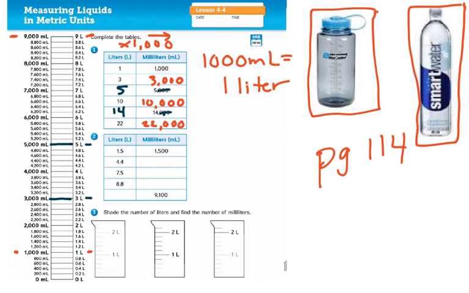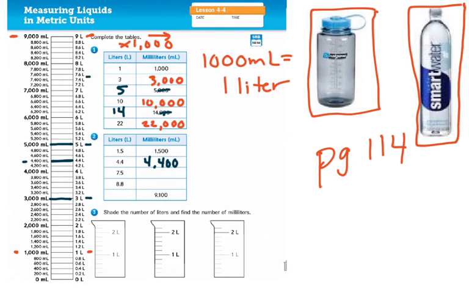Now, if we go to 4.4, or what we would read as 4 4/10, we go right here, and notice it's the same as 4,400 milliliters. 7 5/10.